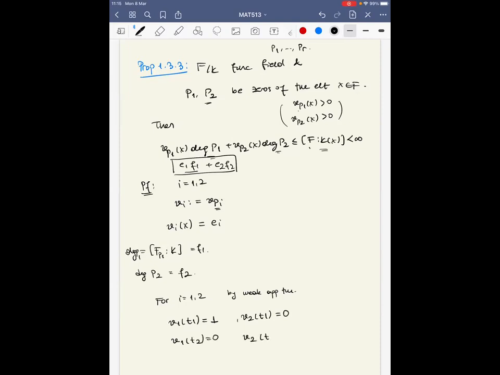That means these prime elements T1 and T2 for P1 and P2 respectively satisfy these equalities on their valuations.